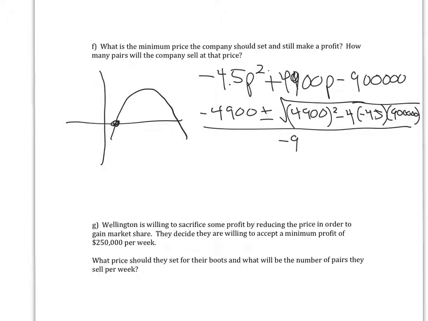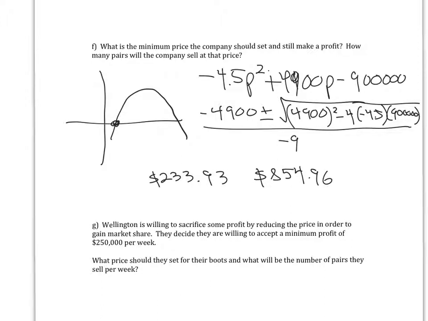Okay, so that's the kind of calculation we like to ask our calculators to do. And when we do that, we end up getting two values. We get $233.93, and we end up with $854.96.